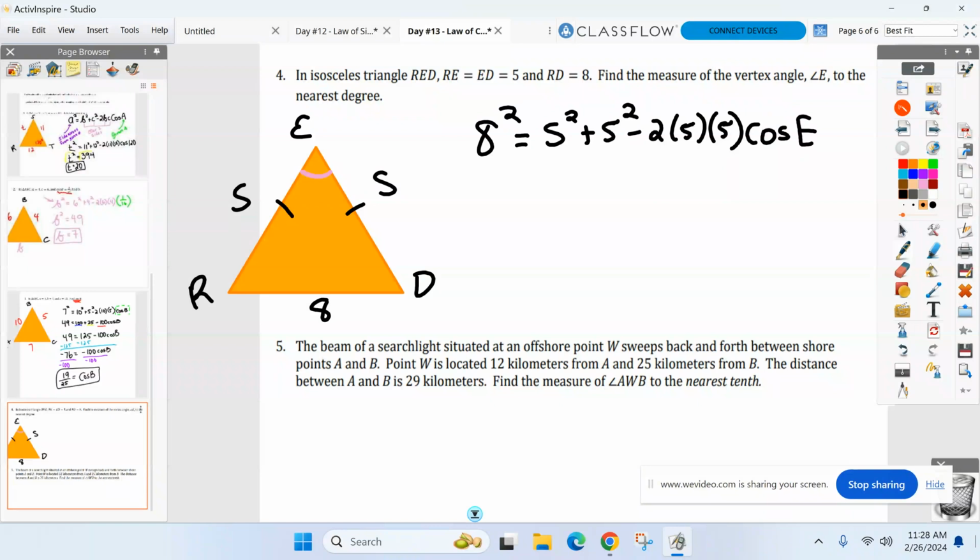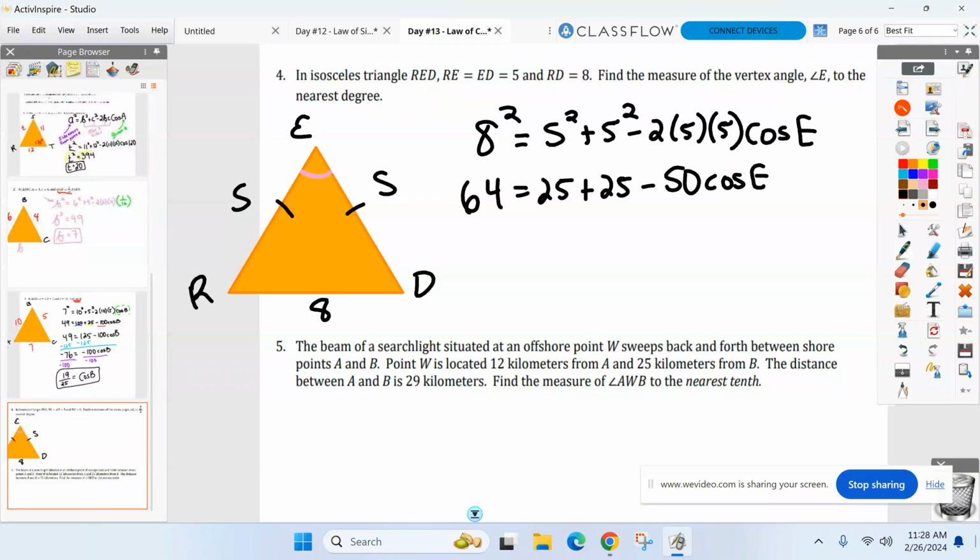So this is going to be the same problem as number 3, but at the end, instead of leaving cosine E equals this fraction, we're going to use shift for the fraction. So here we go. 64 equals 25 plus 25 minus 50 cosine E. I showed you we cannot combine all 3.